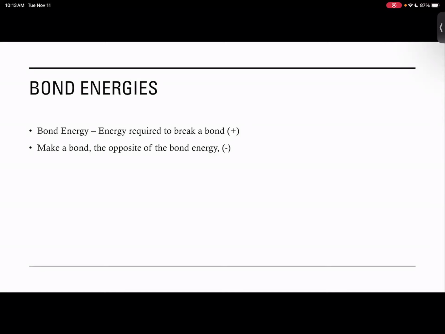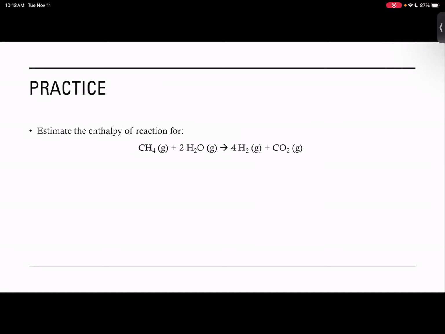Let's look at an example. I have methane reacting with 2 water molecules to form 4 hydrogen molecules and a carbon dioxide molecule. I will be nice enough on the test, because there is a lot of math on this test, to give you the Lewis structure. But homework-wise, you may have to develop the Lewis structure.